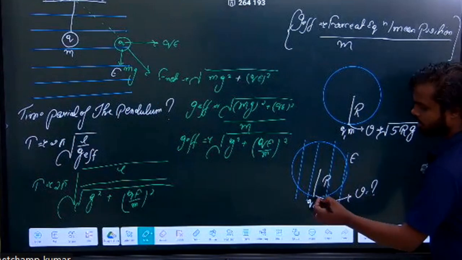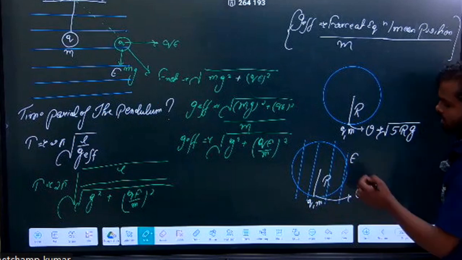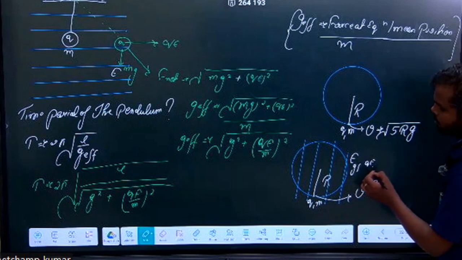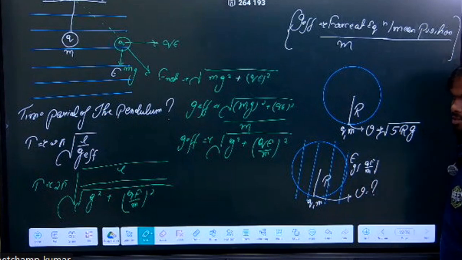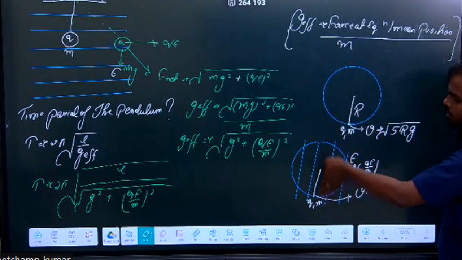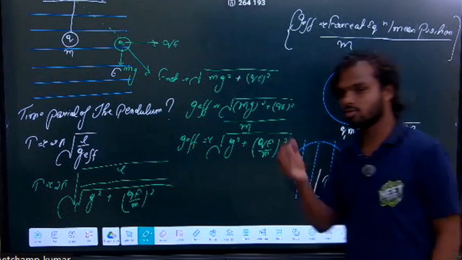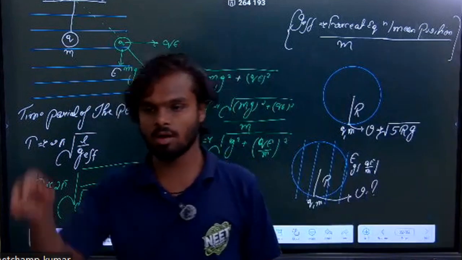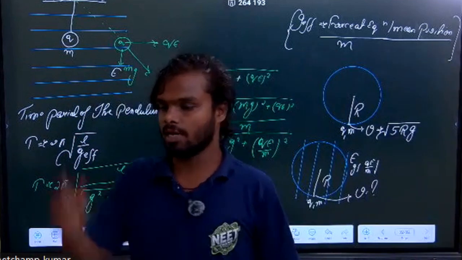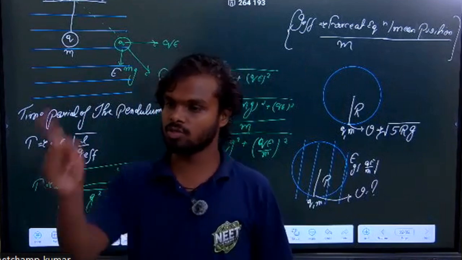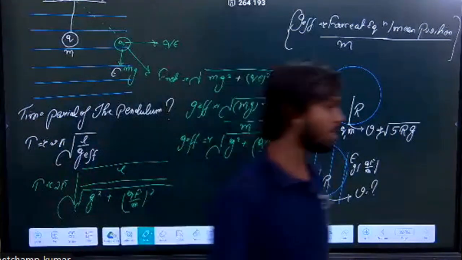Alright, this is the position, right? You can see g is acting downward and qE by m is also acting downward, right? The force on a positive charge is always along the direction of the electric field line, and the force on a negative charge is opposite to the direction of the electric field line. This I have told you multiple times.